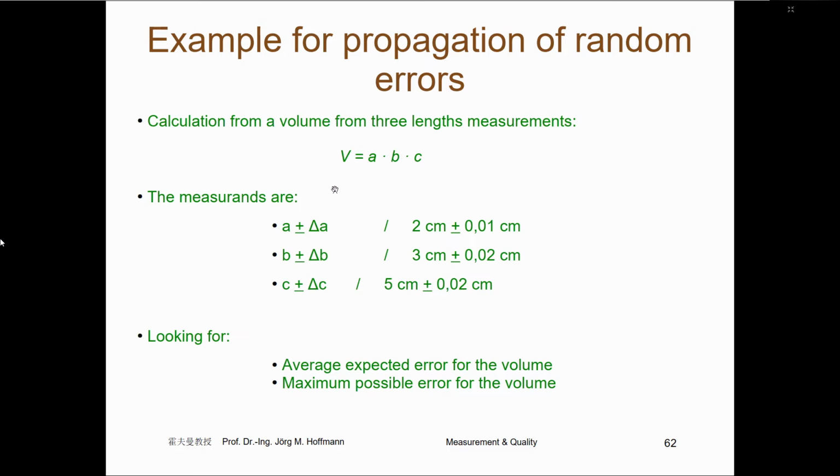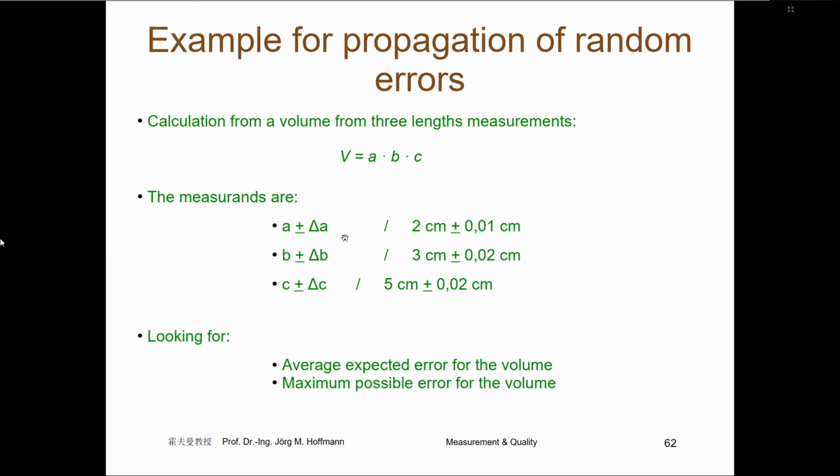And in this case, we have the length A plus minus a delta A. Delta means we will not calculate with the standard deviation, because for the length measurement, in most cases, you have only a delta and not the standard deviation.